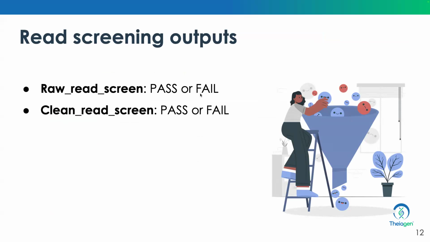So if the output is a fail in the first or the raw read screen, then the workflow does not proceed. And in that case, you will not get a clean read screen. But it's possible for the raw read screen to pass and then fail after the read cleaning step. But ideally you want a pass for both.